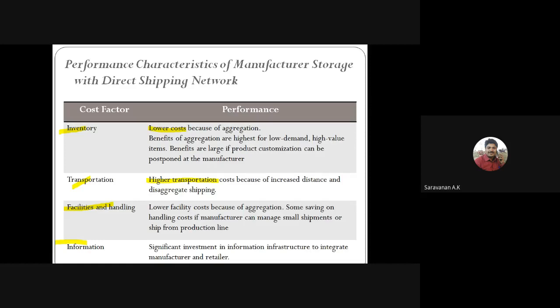So the information structure is very important. By direct contact, why? Because the role of the distributor is that he has to communicate and coordinate with the customers and the manufacturer. So the information structure has to be very good in this particular design.